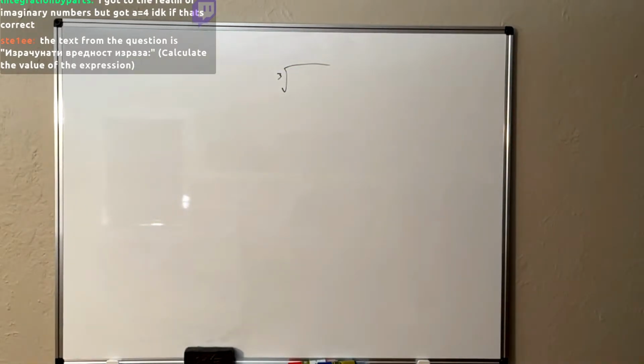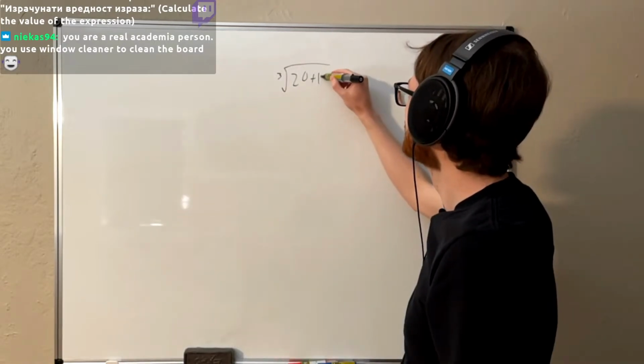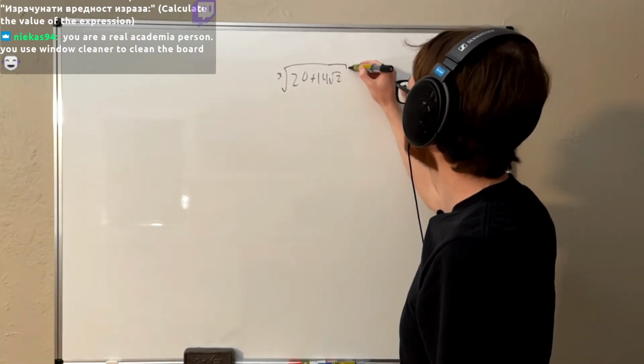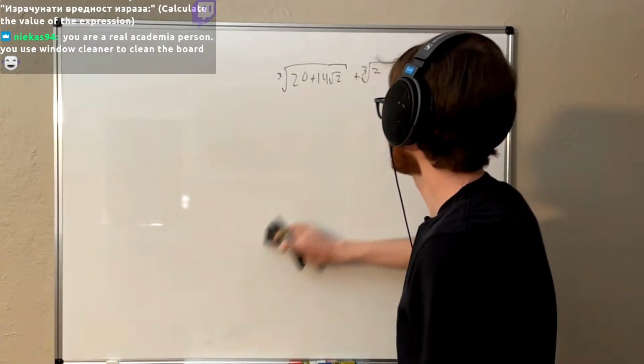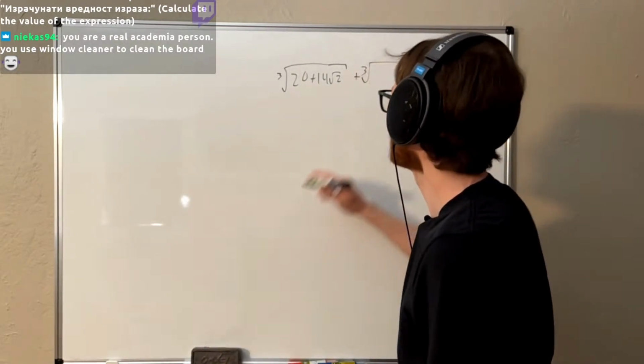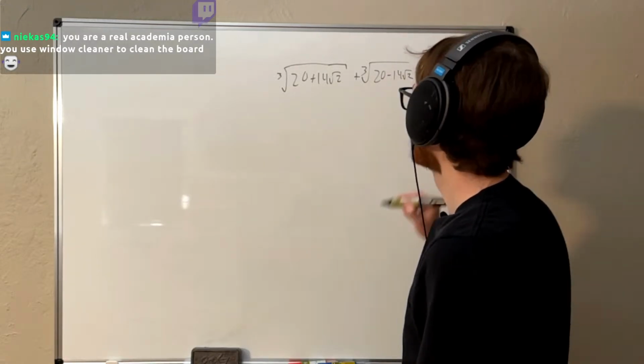So it's the cube root of 20 plus 14 root 2, plus... I couldn't decide if I wanted to write the 2 in the 20 or the 3 in the cube root.